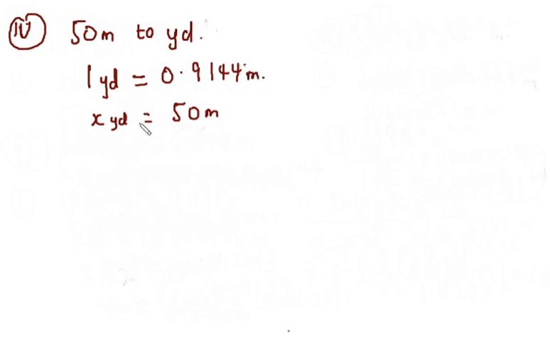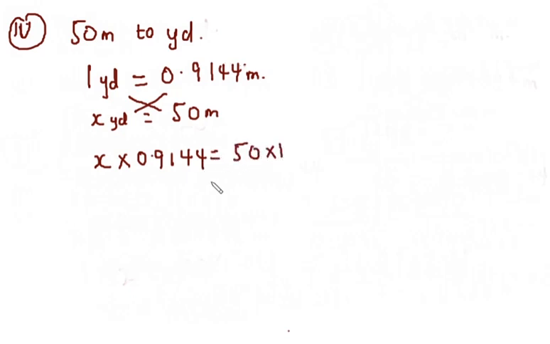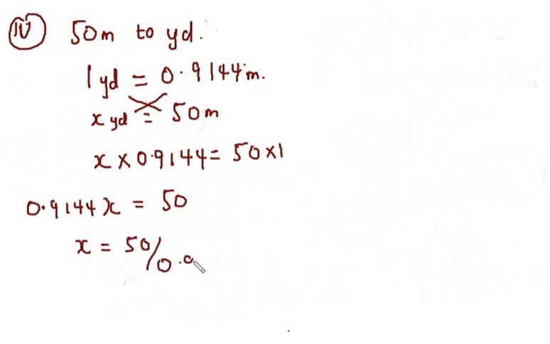To get our value of x, we cross multiply, and then we have x times 0.9144 is equal to 50 times 1. So this is now 0.9144x is equal to 50. Dividing both sides by 0.9144, x is equal to 50 divided by 0.9144.